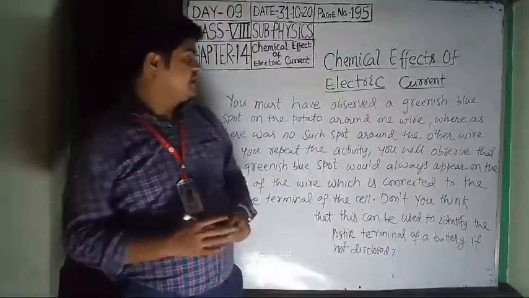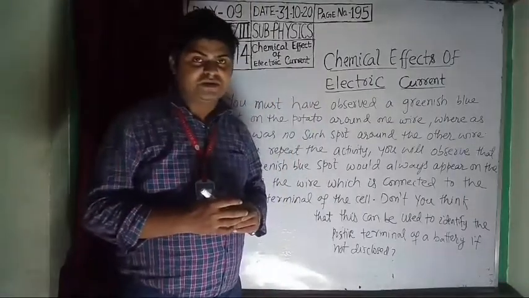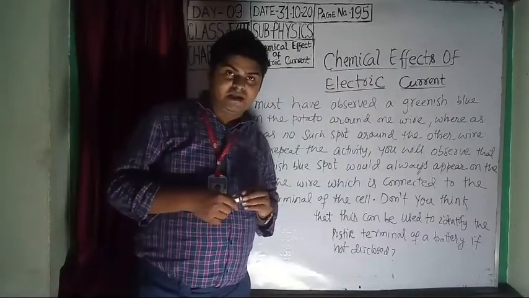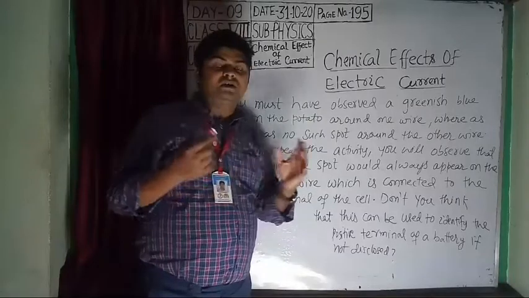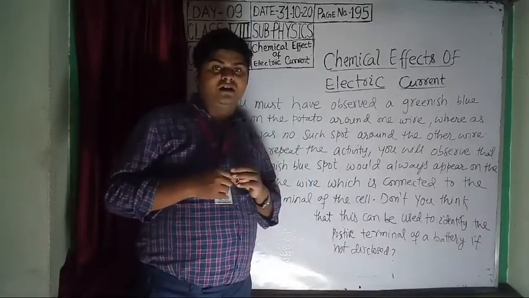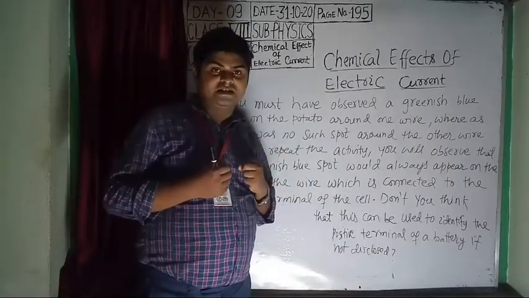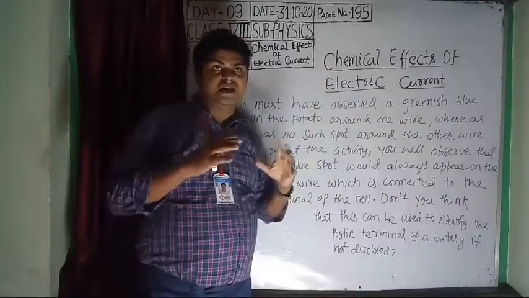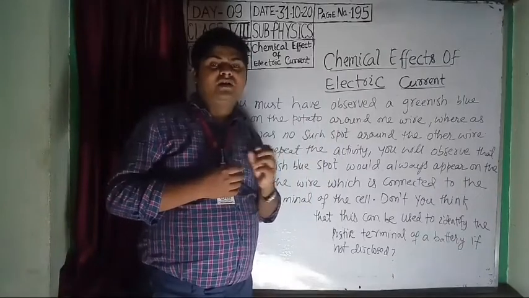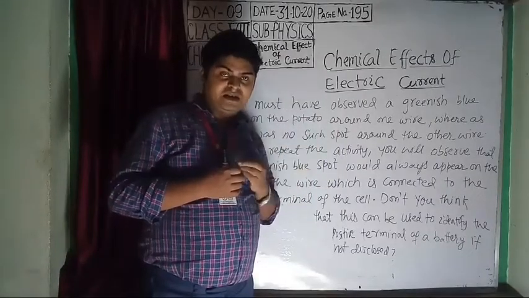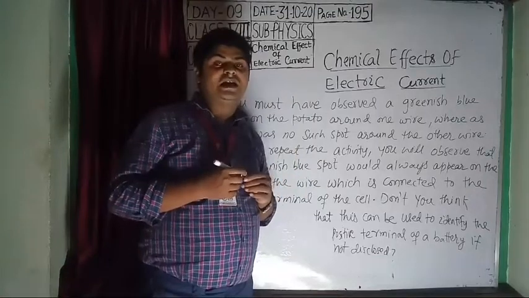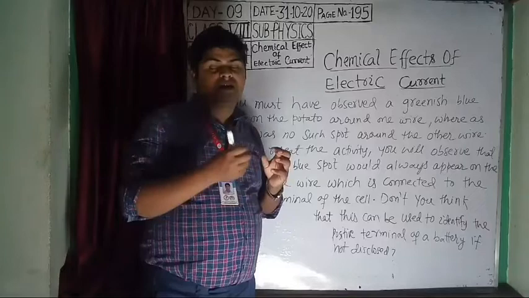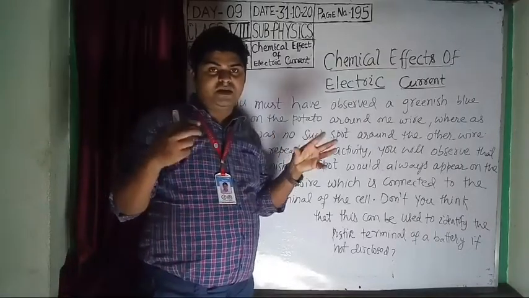Students, the electrolysis process is used in many ways, like electroplating or electrorefining. Electrorefining means the extraction of metals from one another. Suppose a compound is found as a combination of two or three metals; then we do electrolysis to separate each metal from the collection.